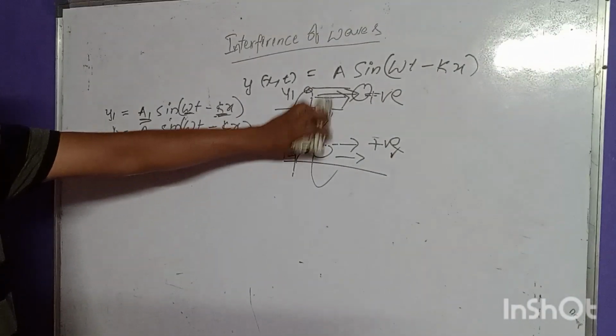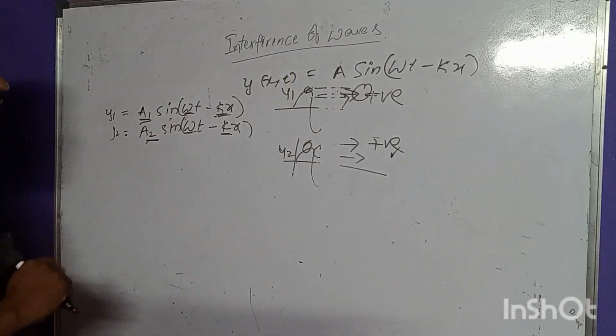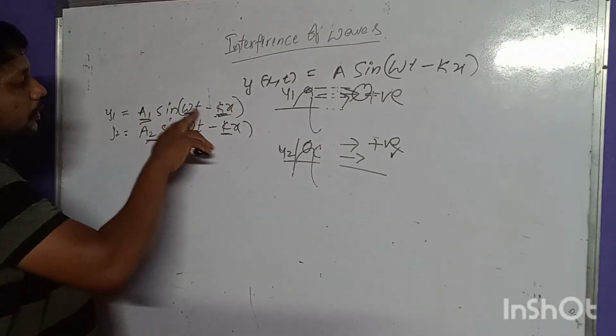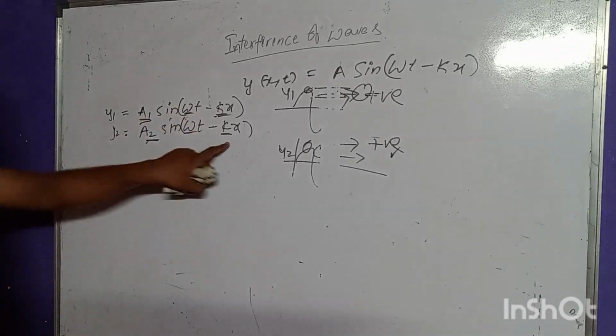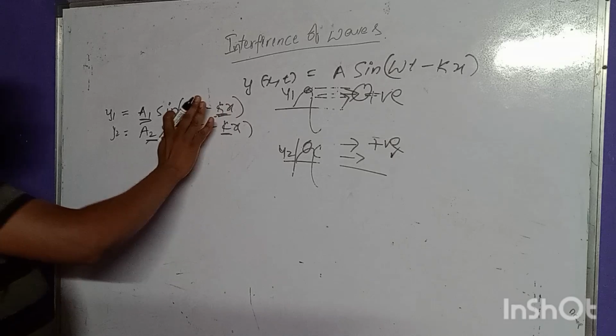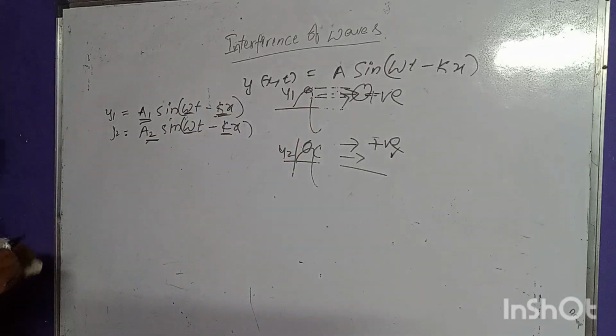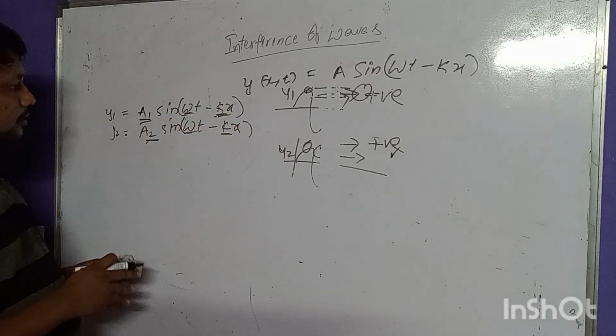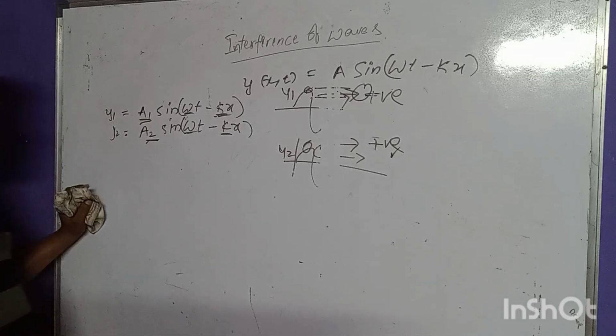సో మనం టూ వేవ్స్‌ని యాడ్ చేయాలంటే ఒమేగా అండ్ కే షుడ్ బి సేమ్ ఫర్ టూ వేవ్స్. Here both waves are traveling in positive direction, only amplitude is different.